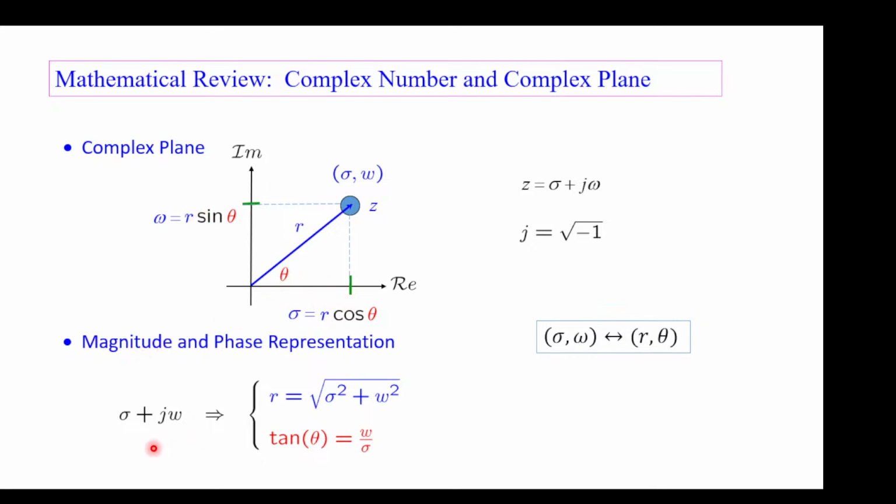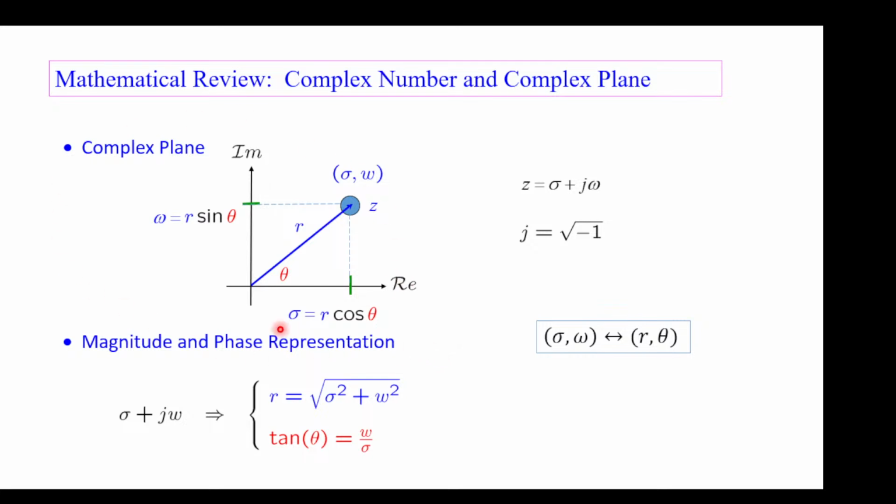And you can also do it the other way around. If you have sigma and omega, then you can calculate r and theta. r equals the square root of sigma squared plus omega squared, just by the Pythagorean theorem. And then you can calculate theta in different ways, but one of them is tangent theta equals omega divided by sigma.